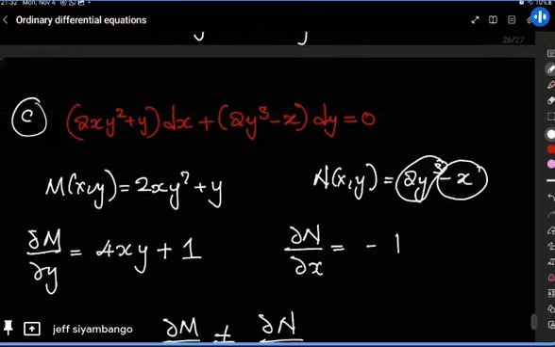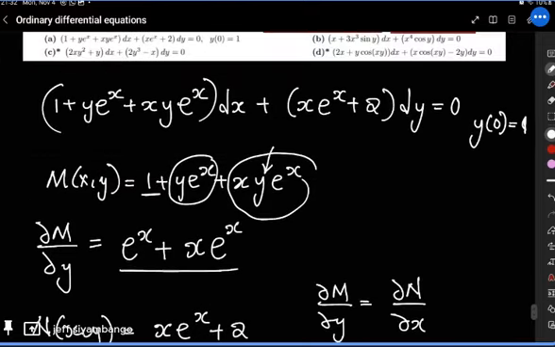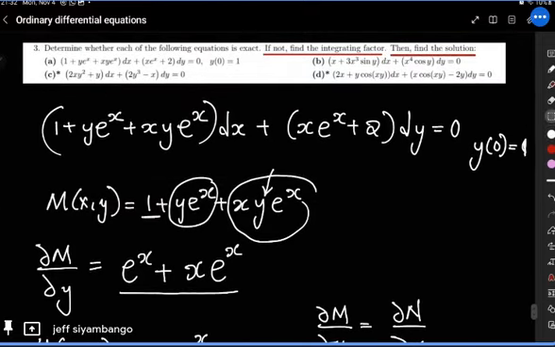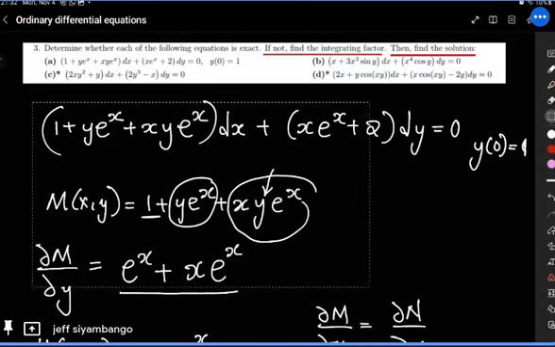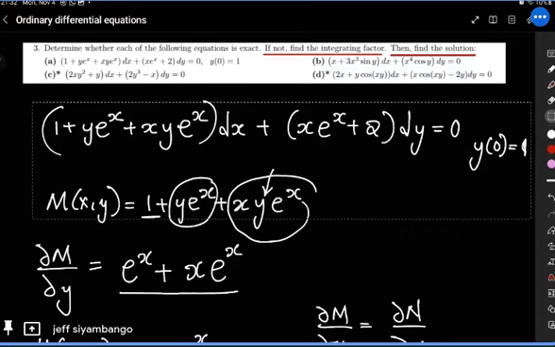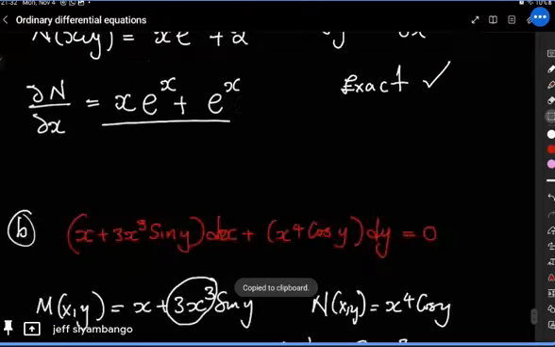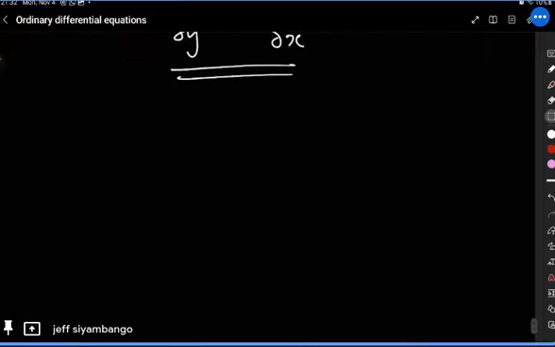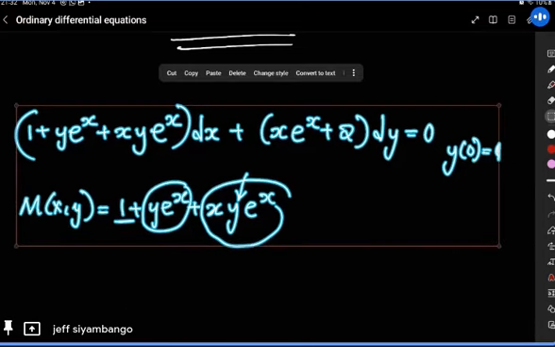So we only found one which turned out to be exact, which was this one. If it turns out that a differential equation is exact, then how do you work it out?